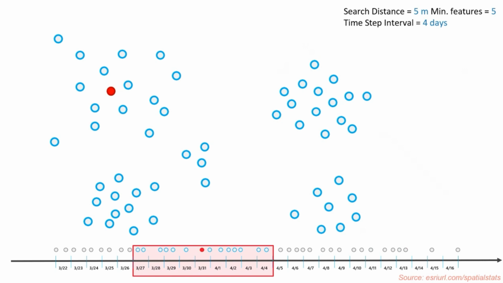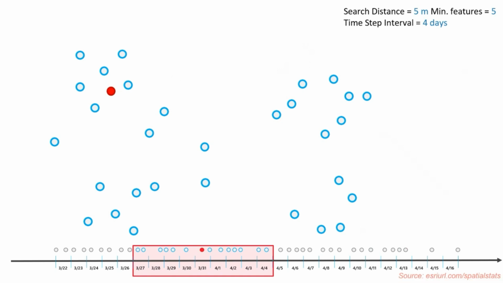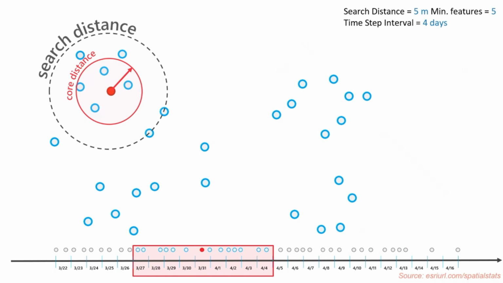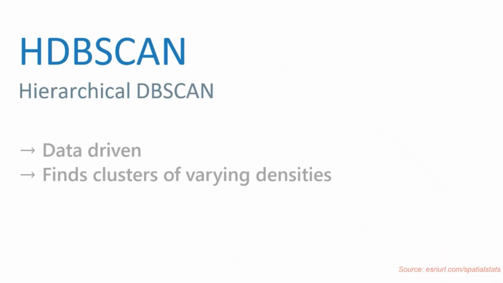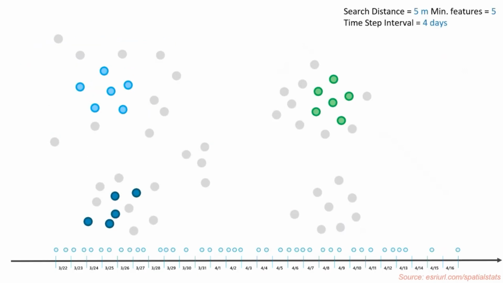So it will drop all the other points that do not fall into this time interval. And after filtering out, again, the core distance and search distance will come into place and the clustering will be done. So this tool can be very useful when you're trying to find out any event that is happening within a particular time interval.